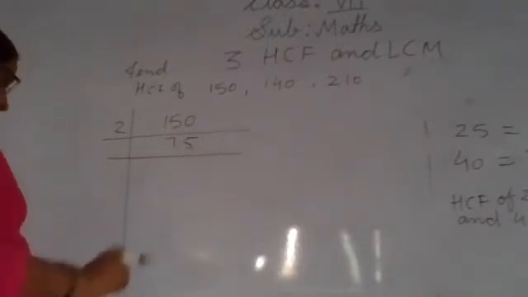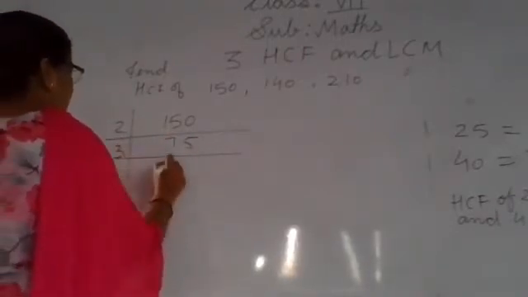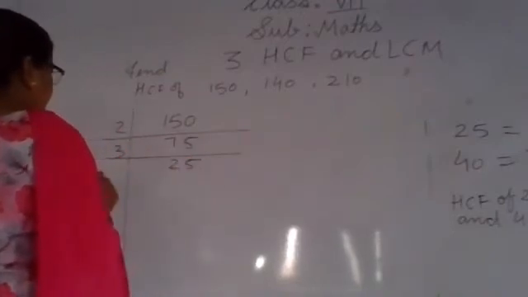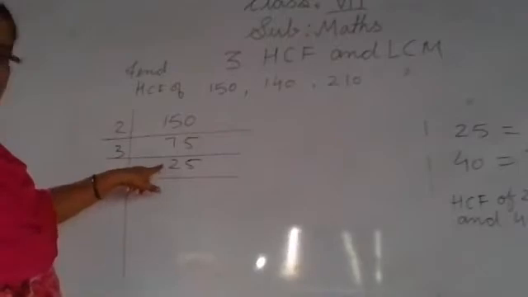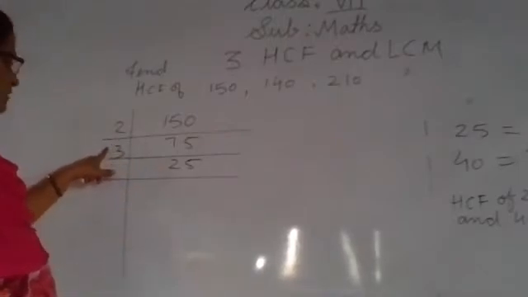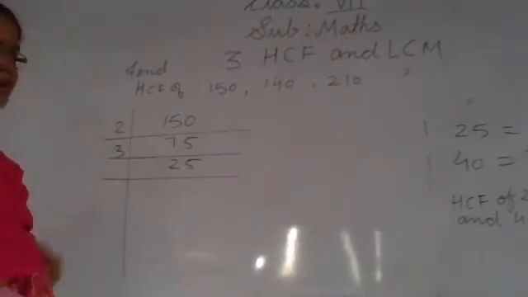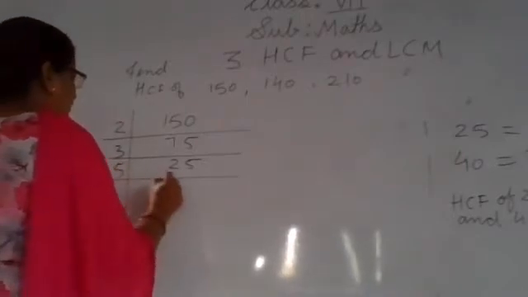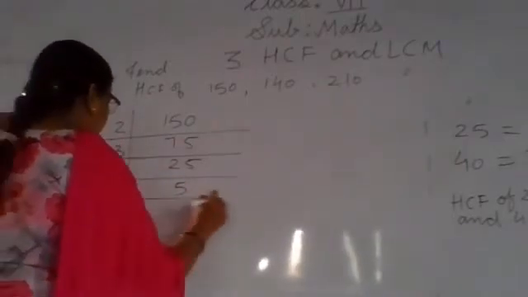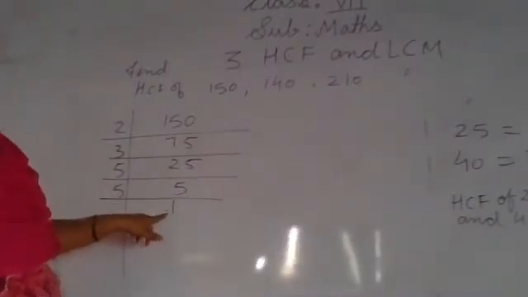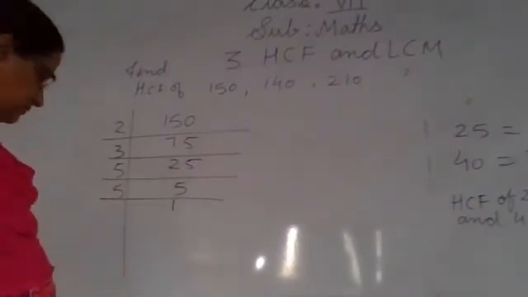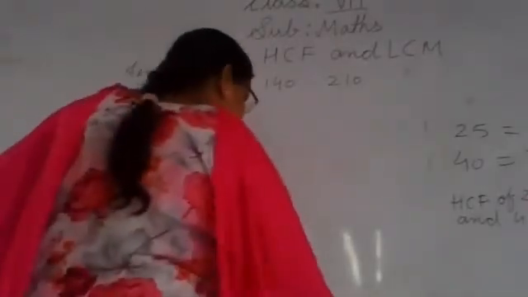So we will take 3. 3 25s. Now 25 cannot be divided further by 3. So we will take the next prime number 5. 5 5s and 5 ones. So you have to divide until you get the remainder 1. Now next.